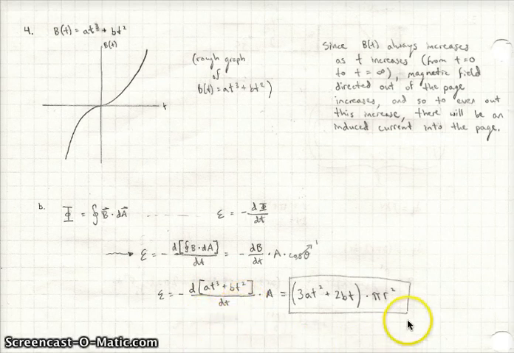Since the area is pi r squared, we can plug that in for A, and we can say that the EMF equals 3at squared plus 2bt, that's the derivative of this over here, times the area pi r squared.